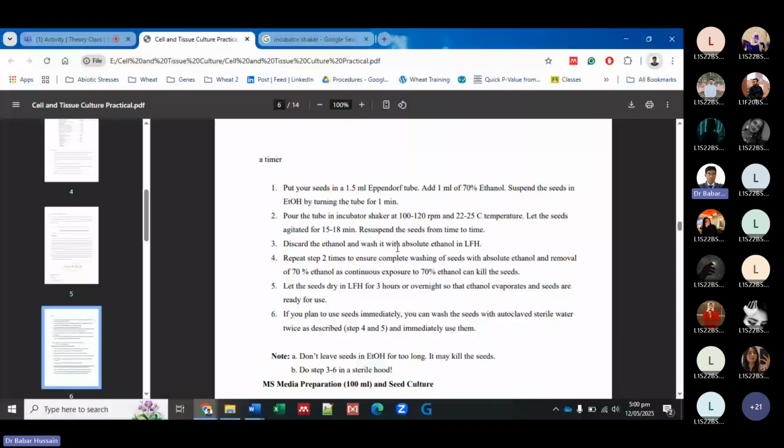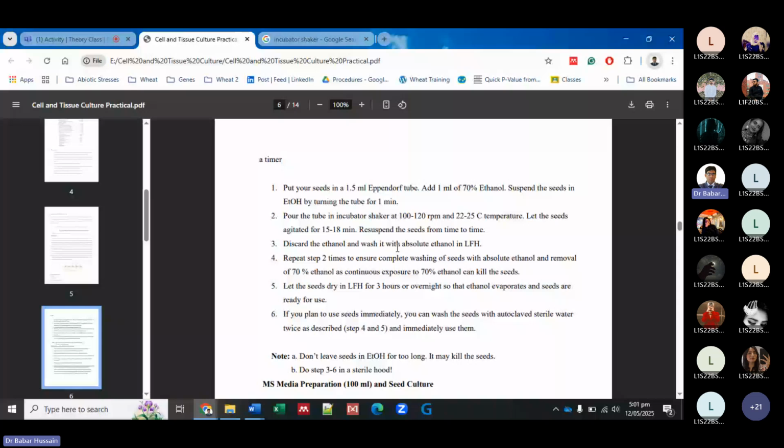You will discard the absolute ethanol, and then you will put ethanol again, shake it for 20-30 seconds, let the seeds settle down on the bottom, and again remove the maximum amount of the 70% ethanol. 70% ethanol does not kill the microbes, but if you leave your seeds in 70% ethanol for 2 or 3 hours, your seeds will die. But because this is absolute ethanol, if a very small amount of it is there, no problem.